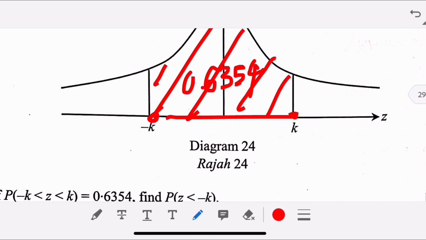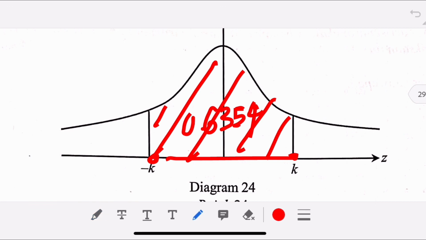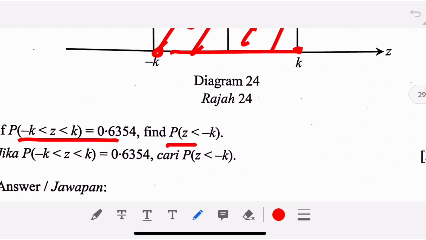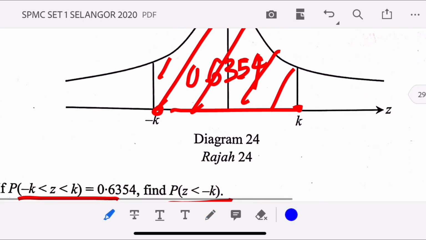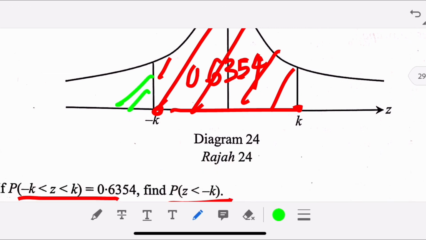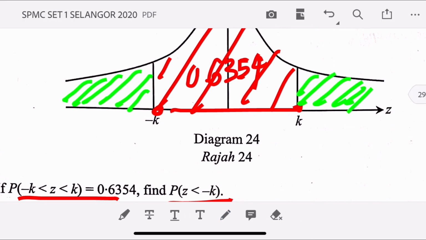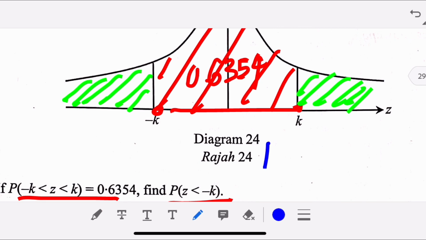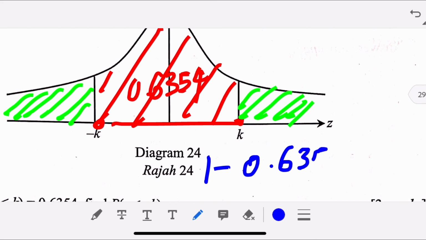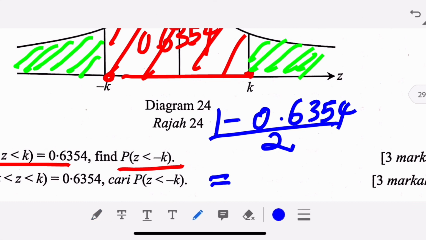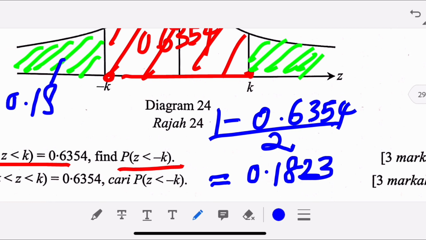The question says find the probability of z less than negative K. That means the area for this portion, and the area for these two are the same. So we need to minus 0.6354 from 1, and it is shared by the 2 green areas, so the area is 0.1823.